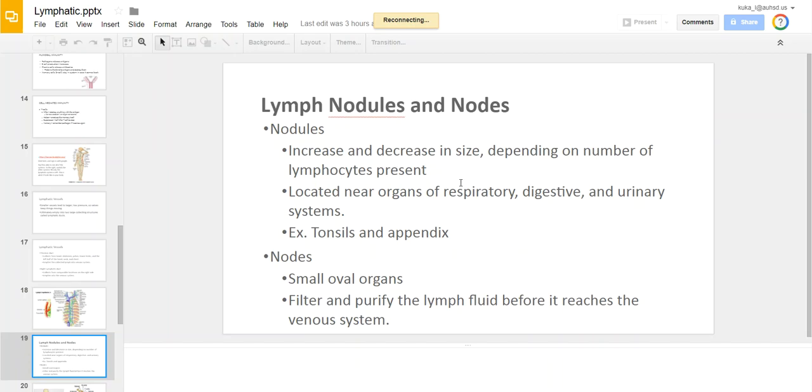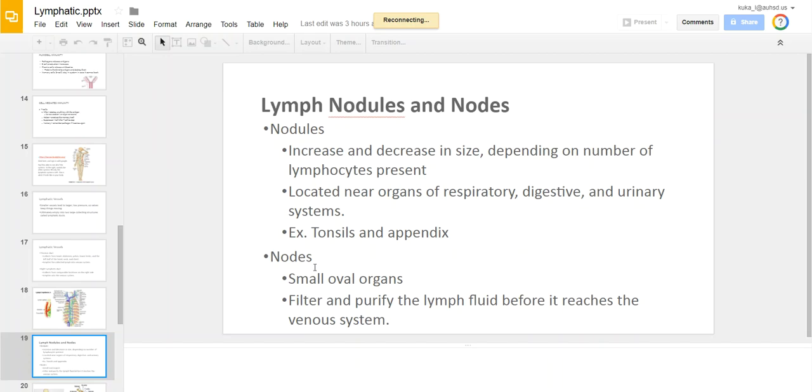So I know many of you have gone to the doctor and you've had the doctor feel on both sides of your throat. There's going to be a picture on the next slide. They're feeling your nodules because they want to know if it's swollen. That usually means you have an infection because you have more lymphocytes and they're draining into your nodules, because what it's going to do is actually kind of filter it out. So tonsils and your appendix are examples of lymph nodules.